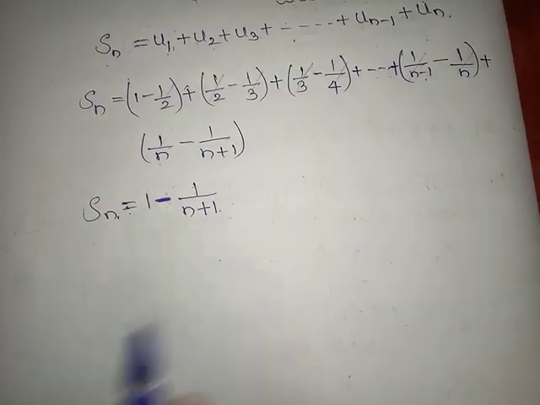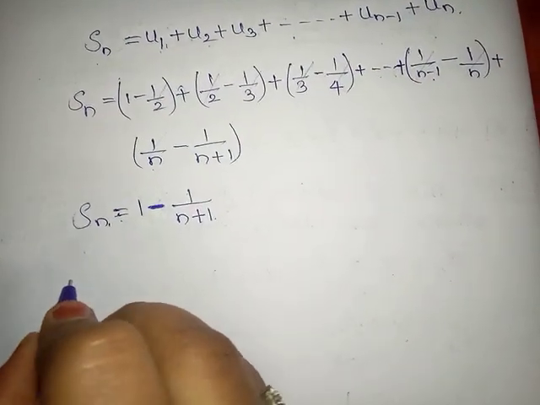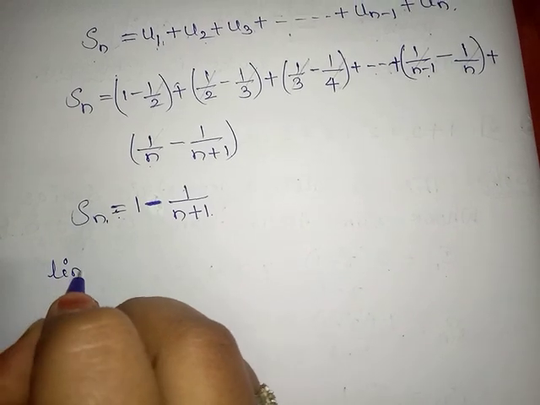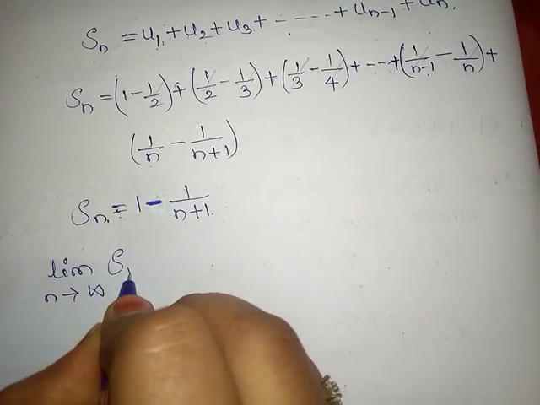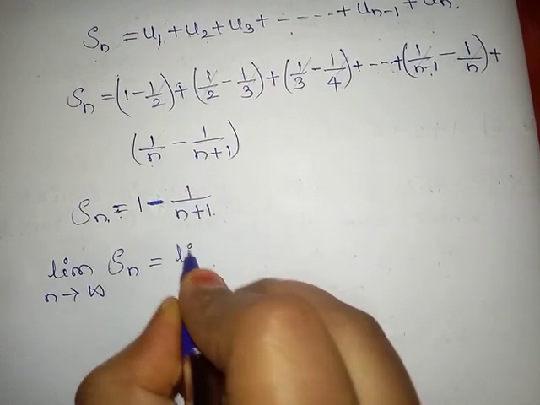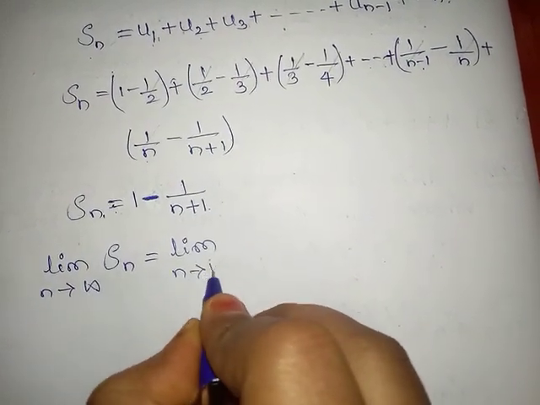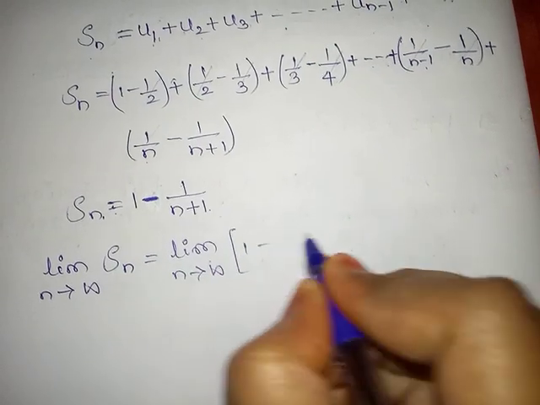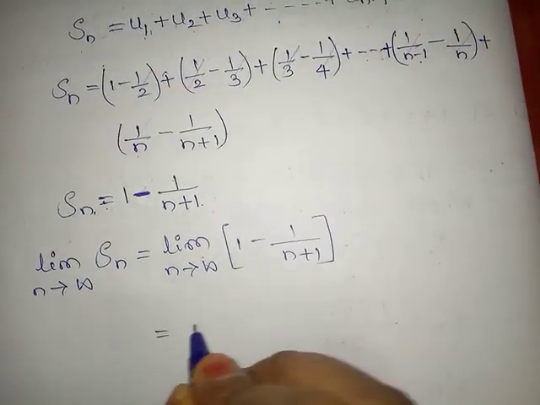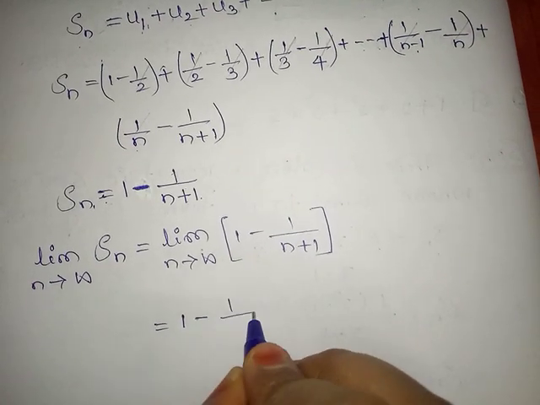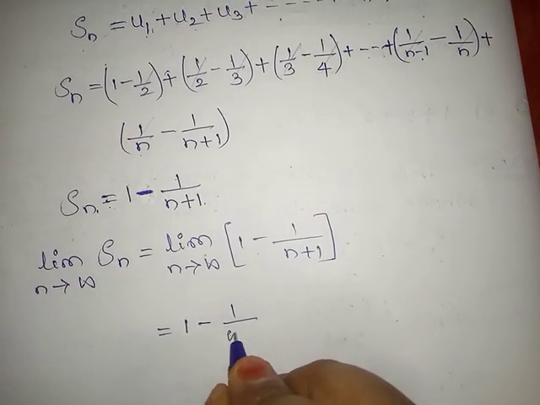Okay, now apply the limits to get the nature. Limit n tends to infinity, Sn is equal to limit n tends to infinity 1 minus 1 divided by n plus 1, which is equal to 1 minus 1 divided by infinity plus 1.